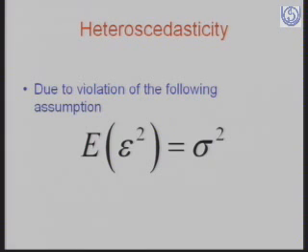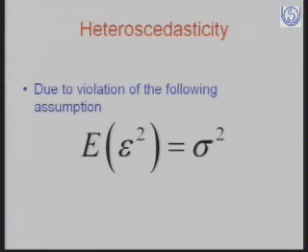For a concrete example, take the example of the households regarding income and expenditure that we discussed earlier. In this case the variance in expenditure of the lower income groups, the poorer households, is the same as the variance of the richer households.